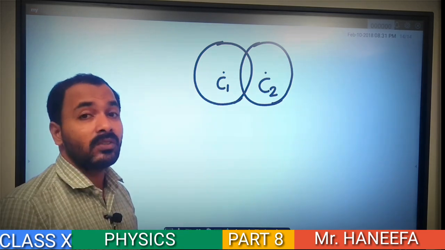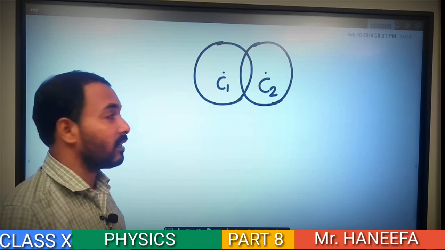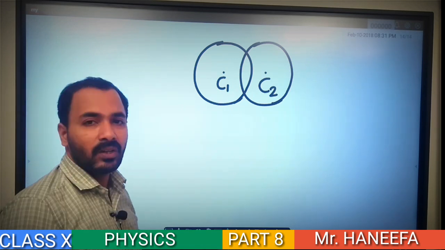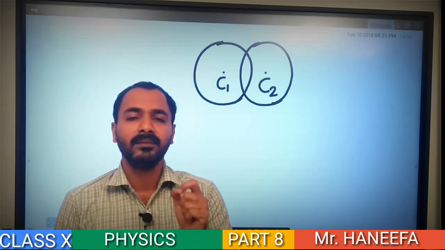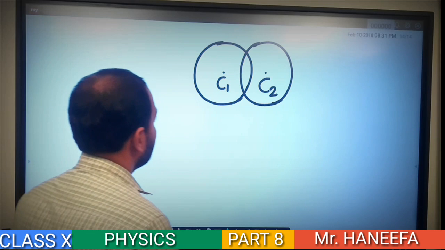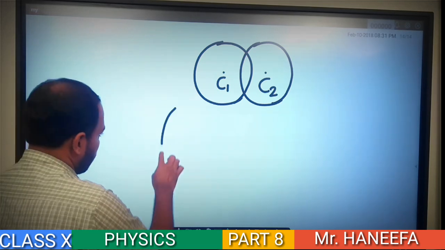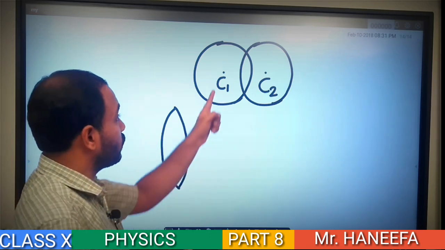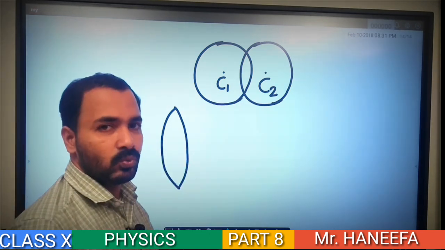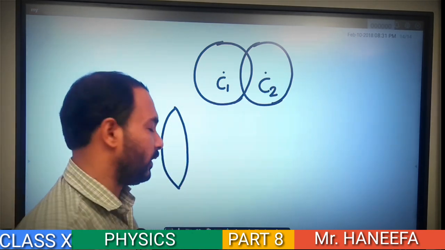The centers of the spheres are called centers of curvature, represented by the letters C1 and C2. So a convex lens has two centers of curvature, C1 and C2.